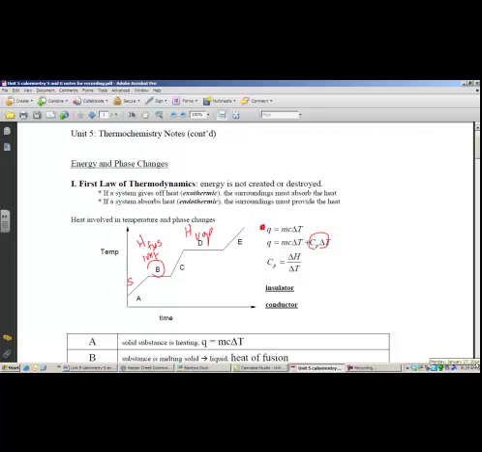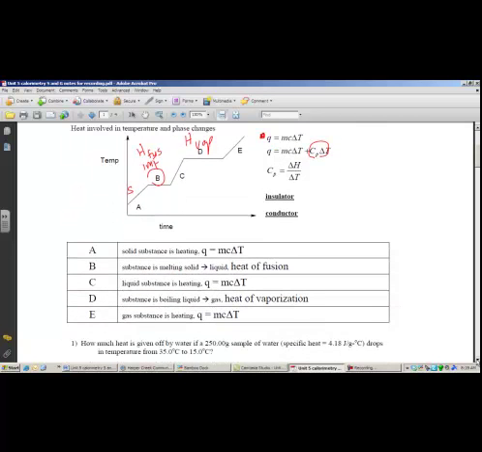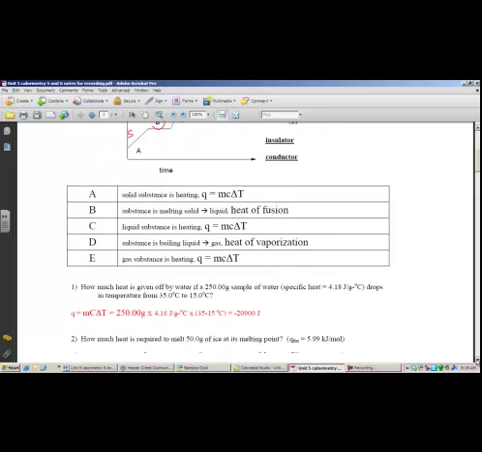Moving right along. The different calculations that you'll need to use along each step of the heating curve. Looking at question 1 here, it says how much heat is given off by water if a 250 gram sample of it with a certain specific heat drops in temperature from 35 to 15.